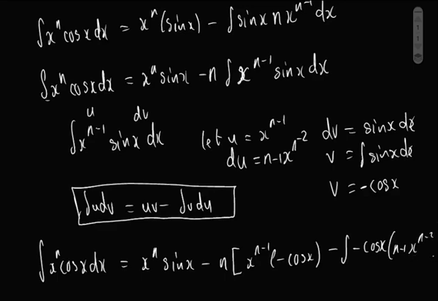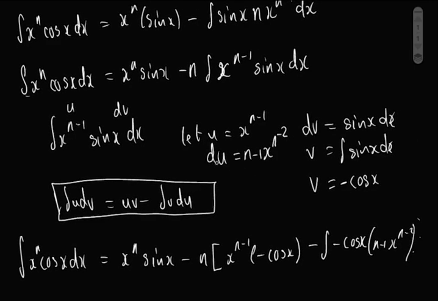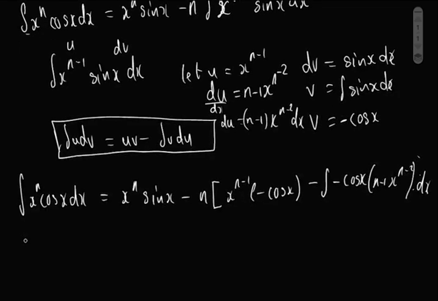Okay, and here, this is the integral of that. Remember that this was du/dx, so that means du is (n minus 1) multiplying x^(n-2) dx. So don't forget that dx is with respect to x. The integral, therefore, of x^n cos x with respect to x is equal to x^n sin x minus, I can leave it like that first and then simplify.